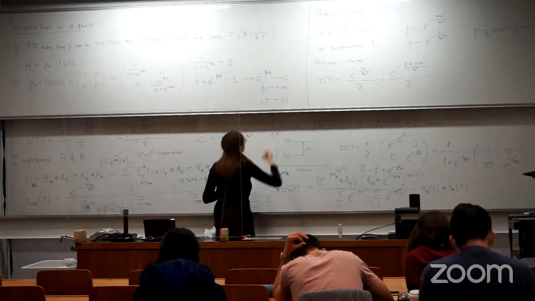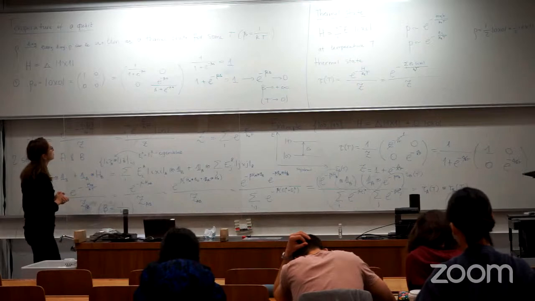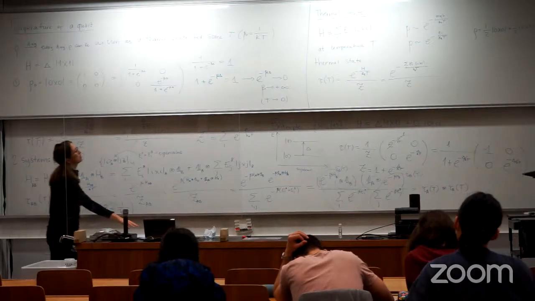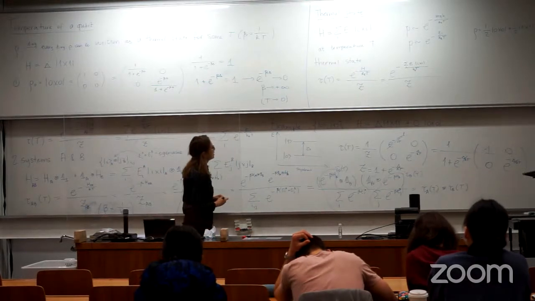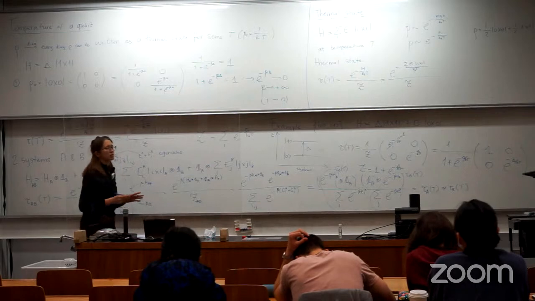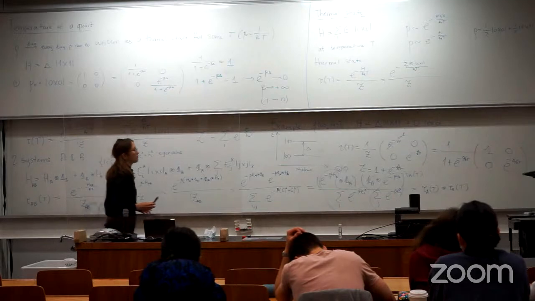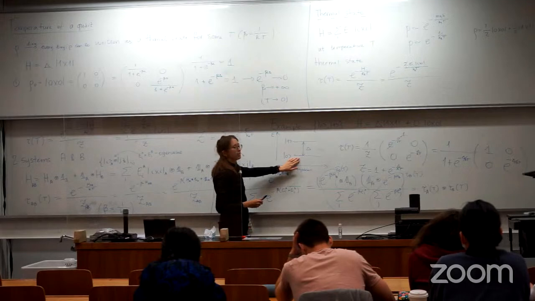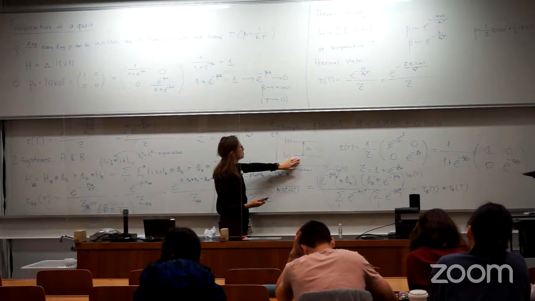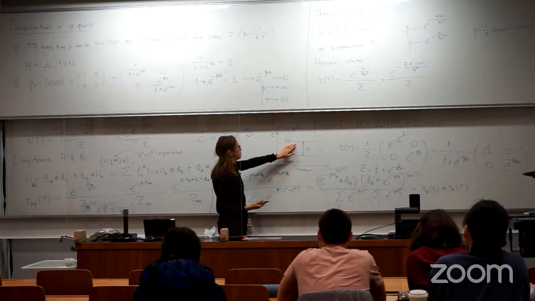And again, imagine a classical system which has two levels, 0 and 1, which are separated by this energy gap. And then assume that the system is at temperature 0, or a temperature very close to 0. Of course, then the probability to find the system in the ground state, in the state 0 with the lower energy, will be exponentially bigger than to find it in the excited state.